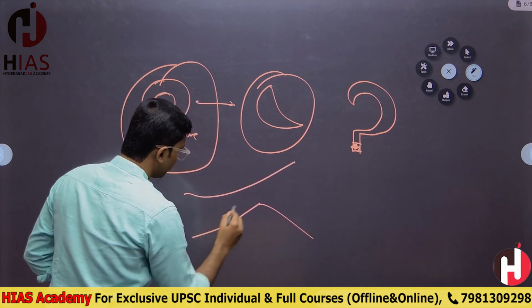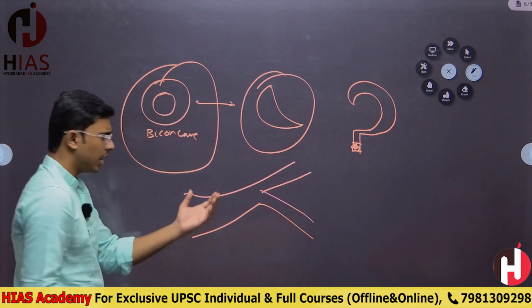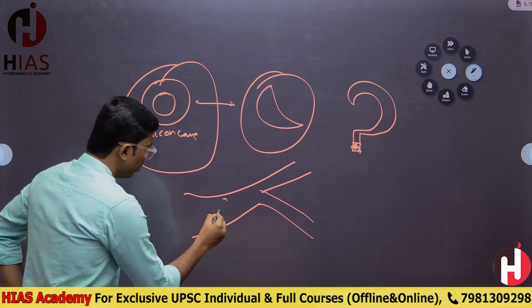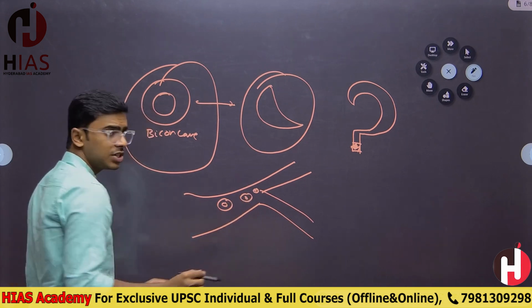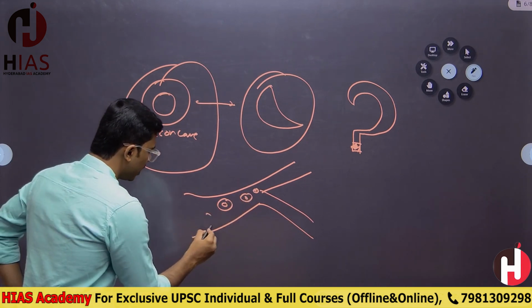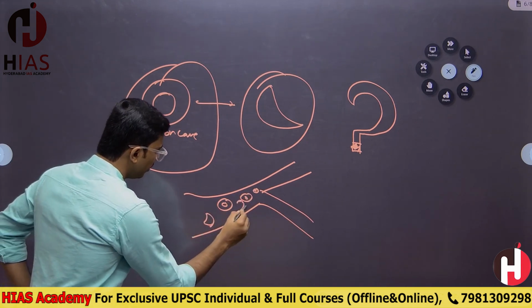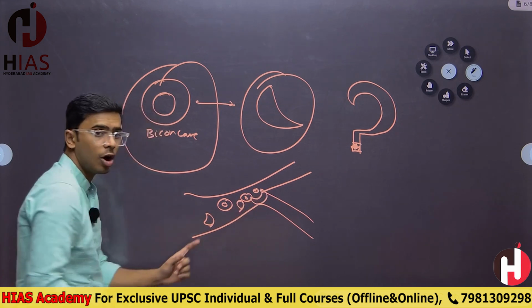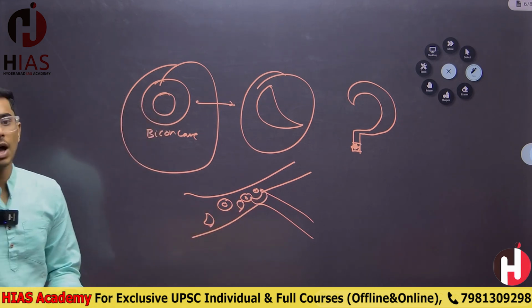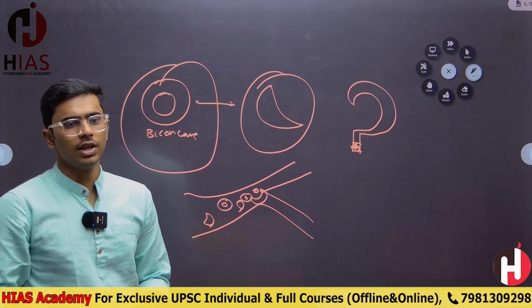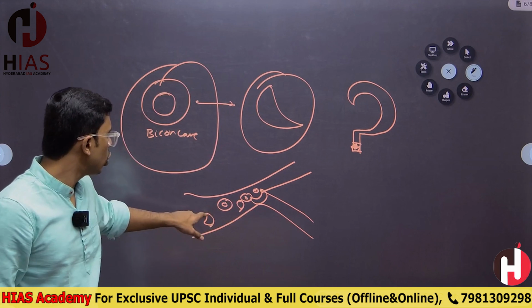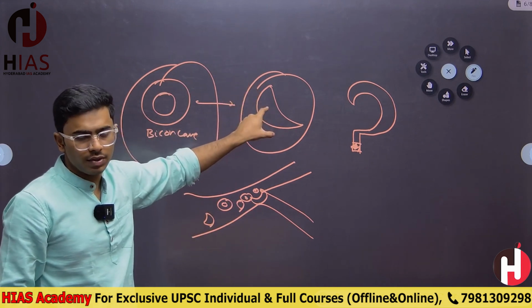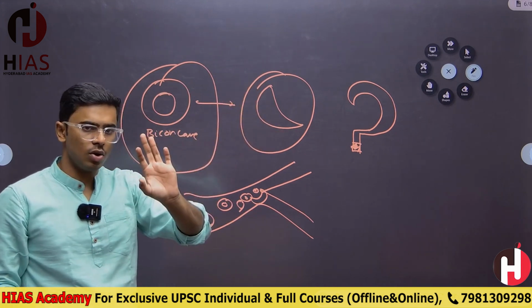So what happens if there is sickling? If this is a vein in your blood vessels, healthy RBCs will flow easily. But if you have sickled RBCs, they'll get stuck here and obstruct the flow. I told you sickle cell people cannot run a lot because their hemoglobin capacity is less.